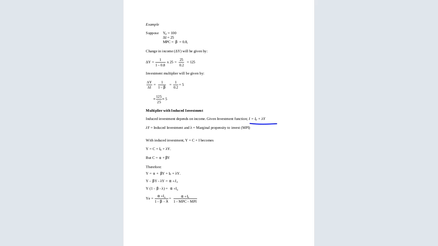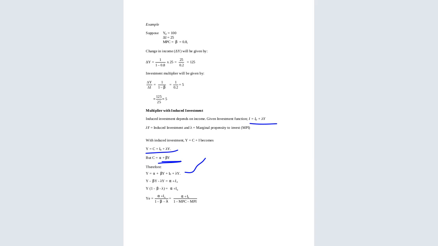So we can now derive another investment multiplier, the extended investment multiplier. So if we have the investment function and we also have the consumption function, this is what we have. So our income will be defined by this function. The first part is the consumption and the second part is the investment function. So get the like terms together.